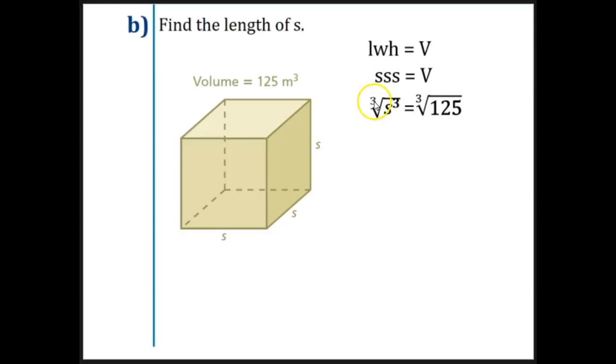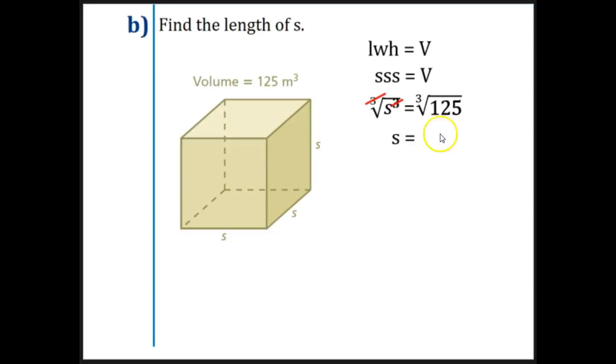So now that I have this cube and this cube, they're going to cancel each other out, right? So I'm going to cross out my cubes on the left side only. So now I just have S. That gives me just S on this side. We're still solving an equation. We're still doing it vertically down.